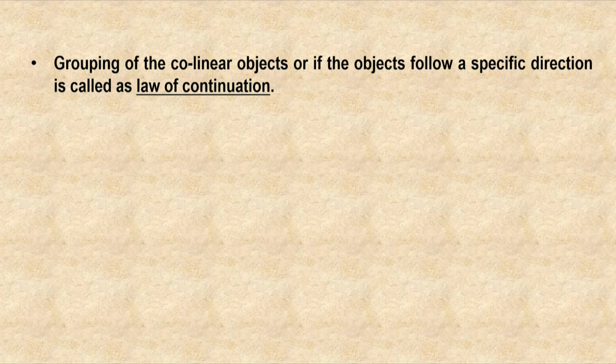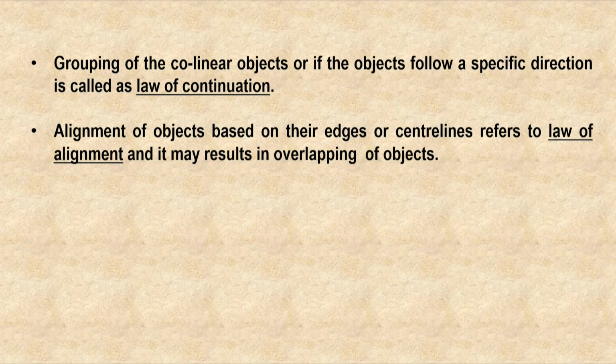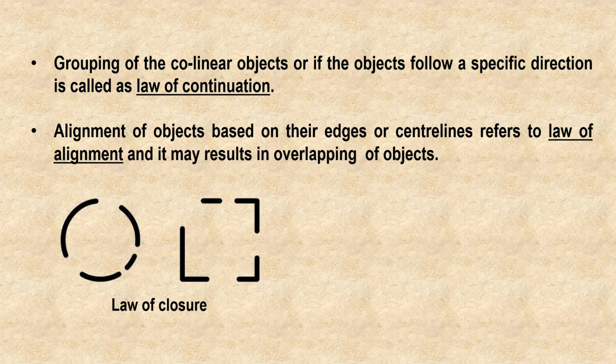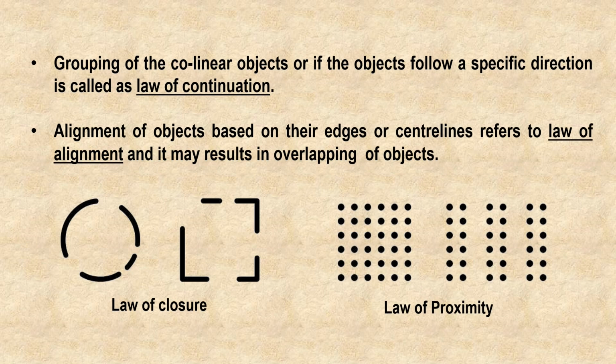And if we are using alignment of objects based on their edges or center lines, then it refers to the law of alignment, and it may also result in overlapping of the objects. In the example given below, we can have a look at the usage of the law of closure and the law of proximity.